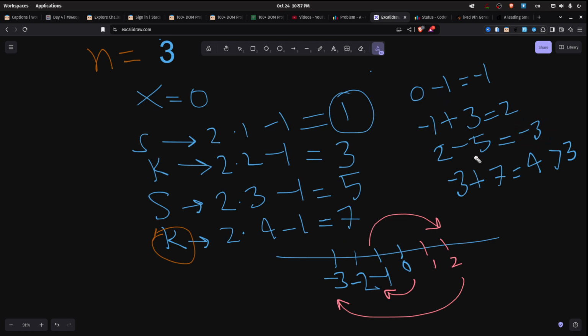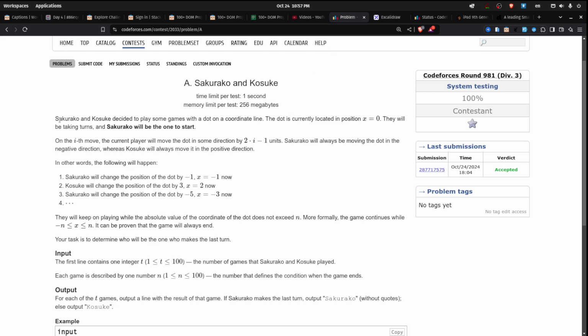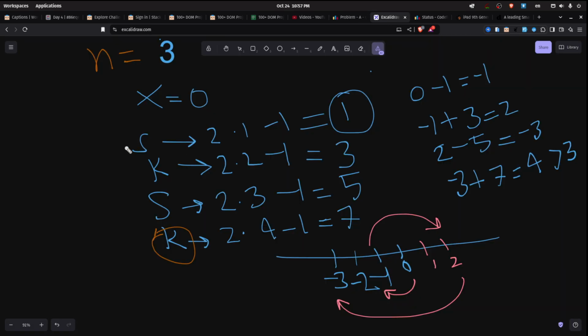Why do minus and plus occur? Because Sakurako normally moves to the left part, that means in the negative direction, and Kosuke goes in the right direction, which is the positive direction. That's why I add a plus sign here, or a minus sign here.